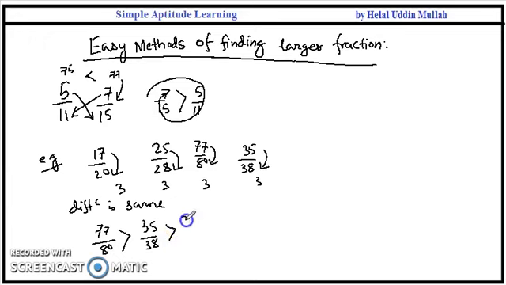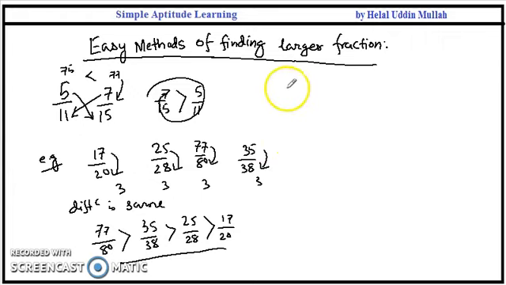Next, 25 by 28 is the next value, and the least value will be the fraction that has the smallest numerator value among all of these. So this is the correct order of fractions in their order of magnitude.